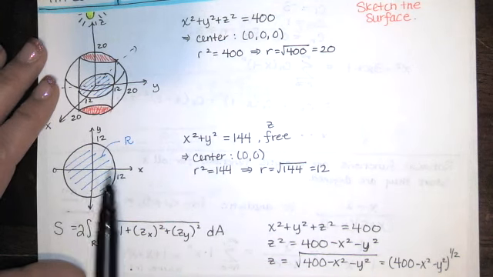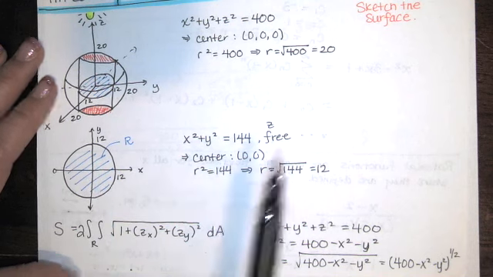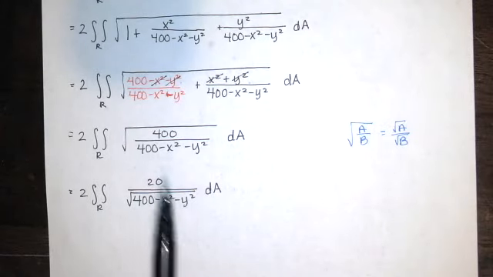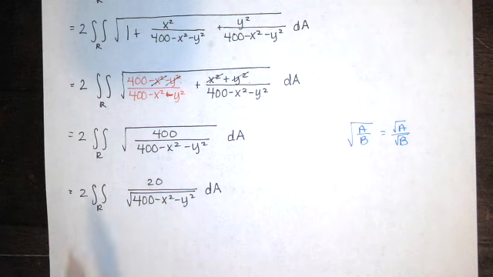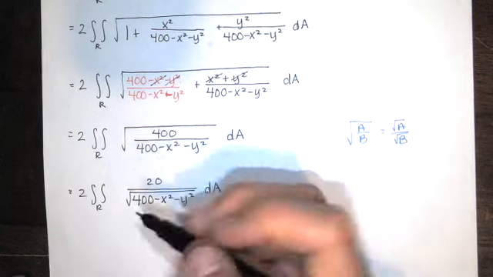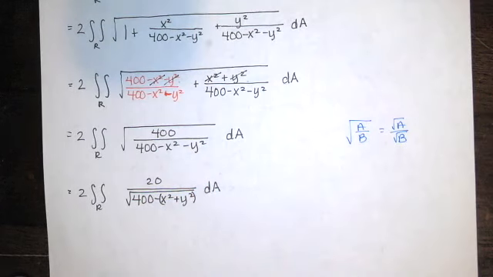Now remember, anytime your region is a circular disk or some part of a circular disk, or your integrand has some symmetry about an axis, and that's usually indicated by quantities that look like x squared plus y squared, then we probably want to switch to polar coordinates. And notice if we factor out the negative from this term and this term, we've got an x squared plus y squared right there.